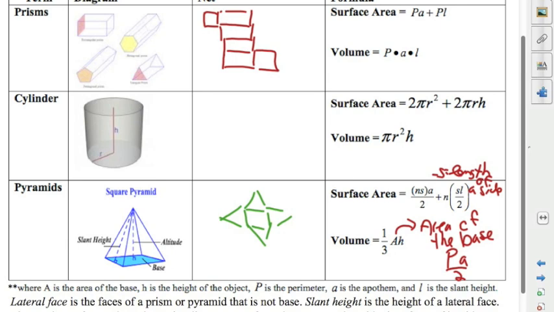I think we deal mostly with triangles and squares. But the idea is that the number of those rectangles that you have in the middle, what is that equal to? It's the number of sides of our base, right? So here, the number of rectangles equals the number of sides in the base.